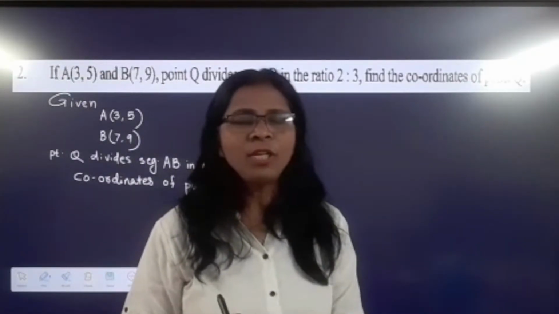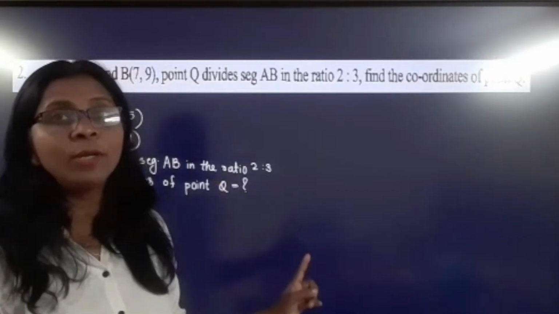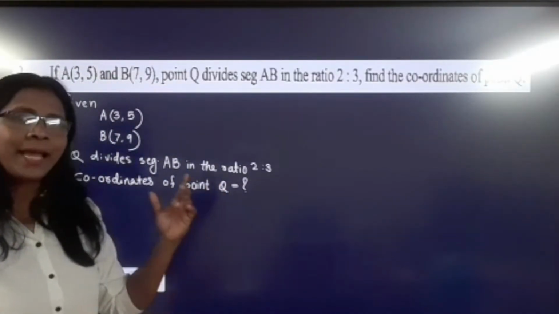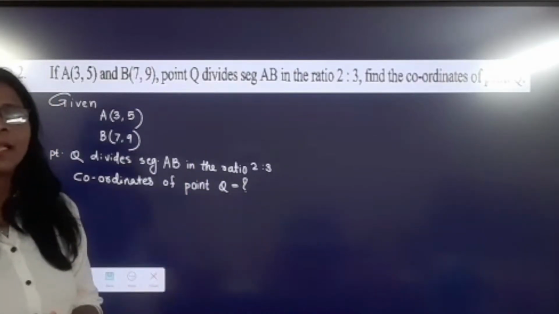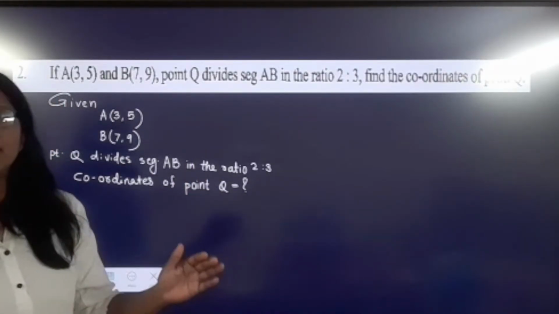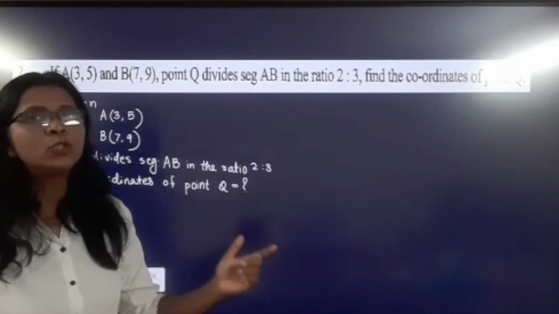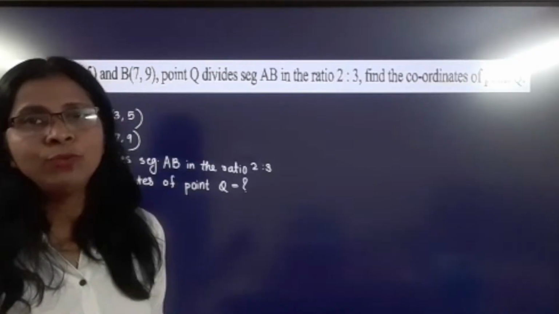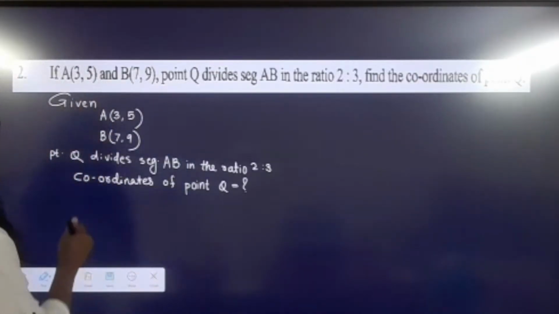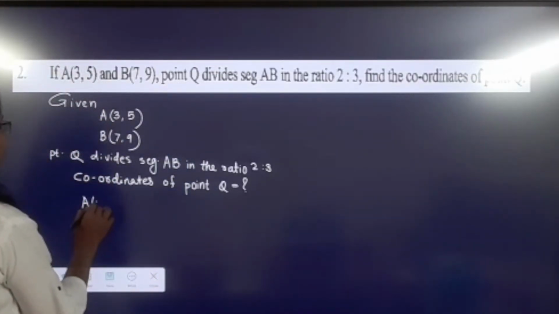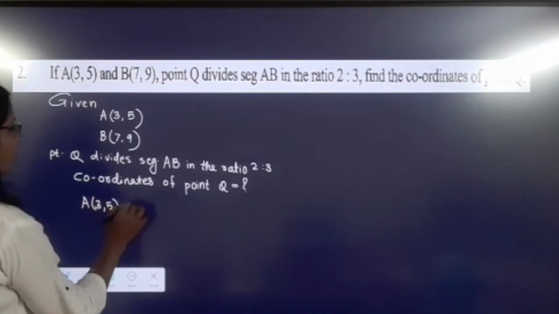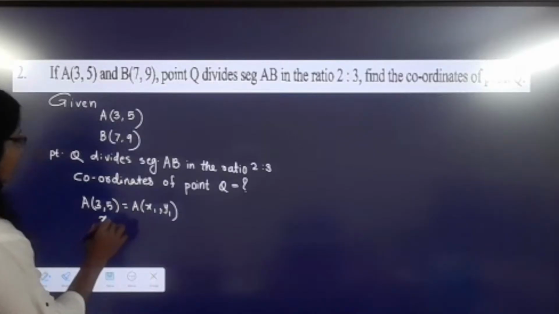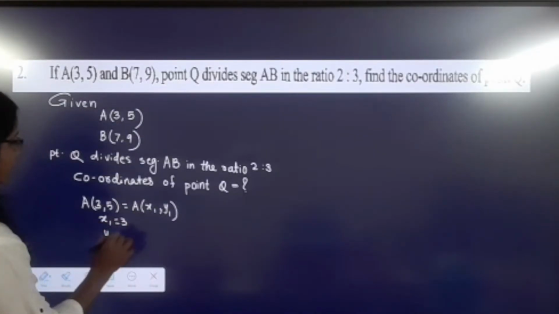Okay students, now we have to calculate the coordinates of the point Q. A line segment is given, and in that line segment there is a point Q which divides the line segment in the ratio 2:3. So that means we use the section formula. A (3, 5) is equal to A (x1, y1), so x1 is equal to 3, y1 is equal to 5.